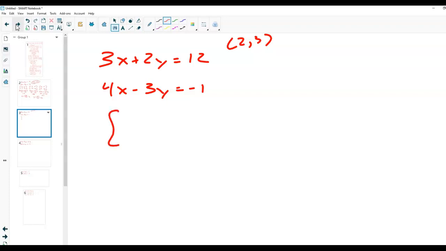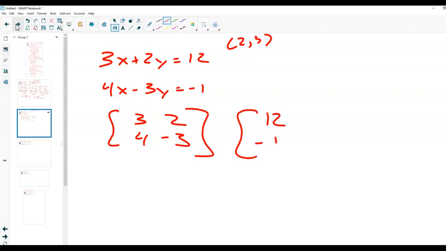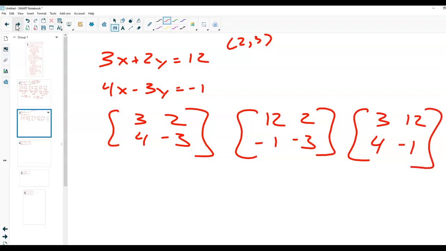Second one, 3, 2, 4, negative 3. I replace the x coefficients. I replace the y coefficients. Once again, I'm going to put a subtraction sign down first. 3 times negative 3, 4 times 2.